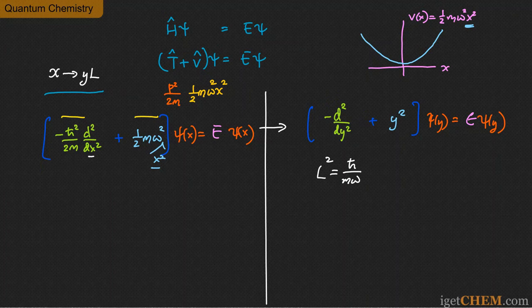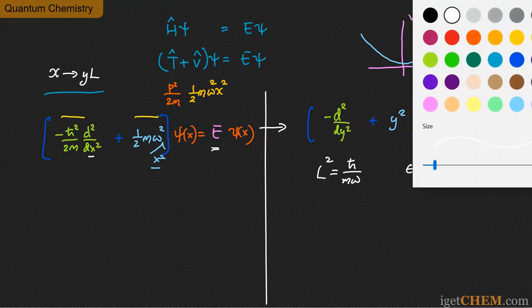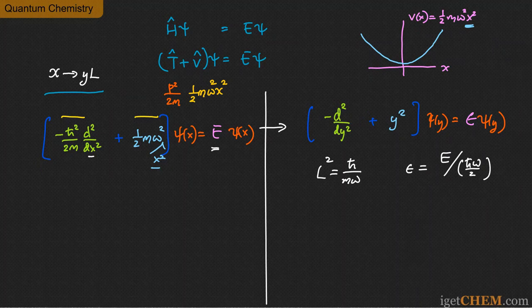And this dimensionless eigenenergy is equal to the real eigenenergy measured in units of h bar omega over 2. And the dimensionless eigenvalues we have found are basically odd integers, 1, 3, 5, ... Or in general, you can write it as 2n plus 1, where n is the vibrational quantum number, 0, 1, 2, and so forth.